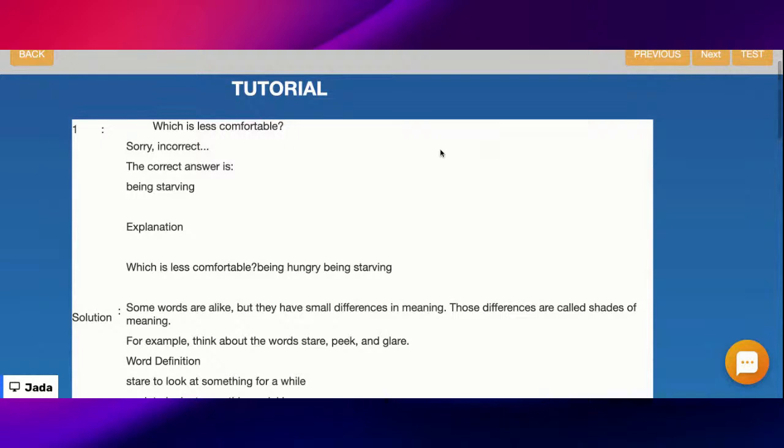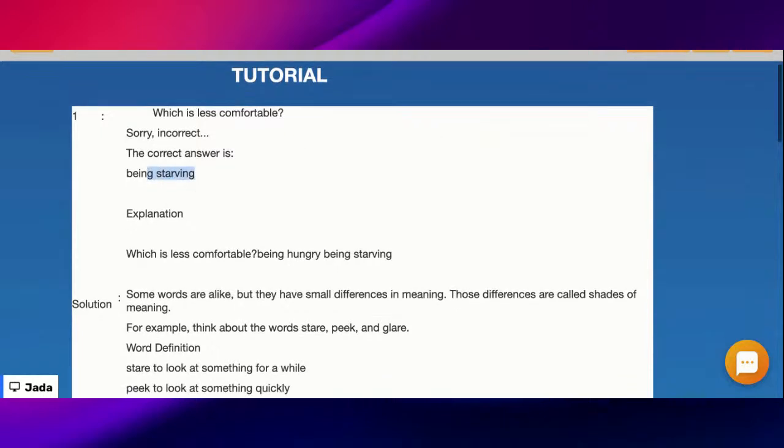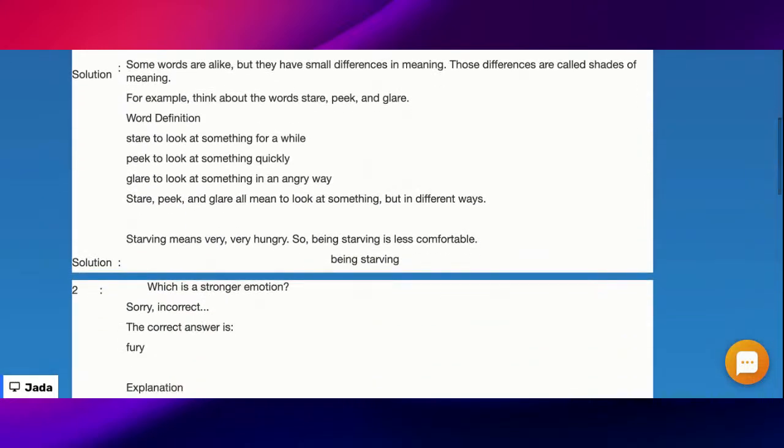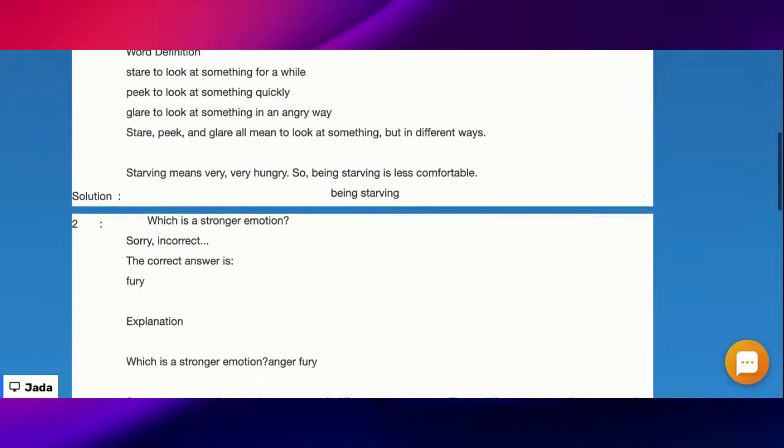So, which is less comfortable, being starving or being hungry? So, starving means very, very hungry. So, being starving is less comfortable. So, we have unhappy, sad, and upset, correct?